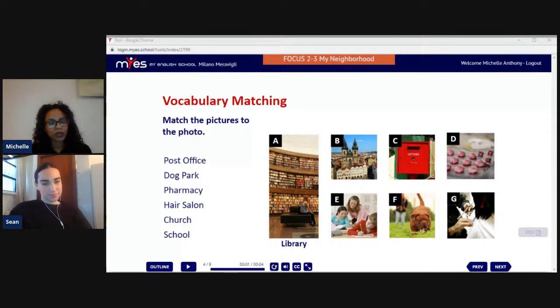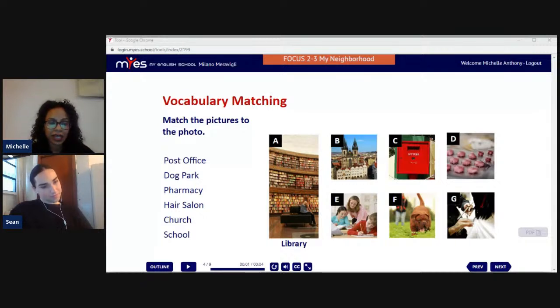Right, and there's also a false friend in Italian, right? Yes, libreria is bookcase and not library in Italian. So that is something that you guys should keep an eye out for.